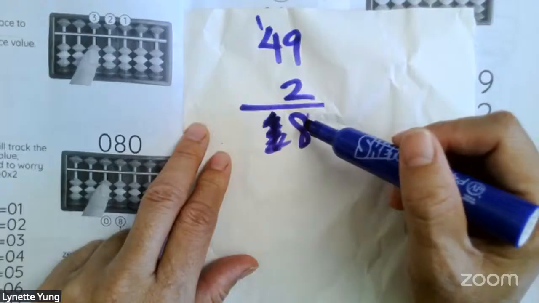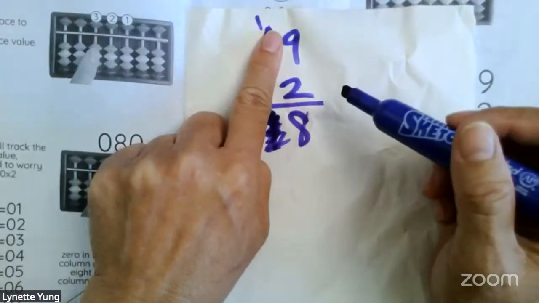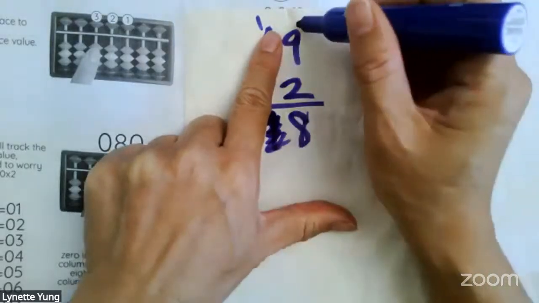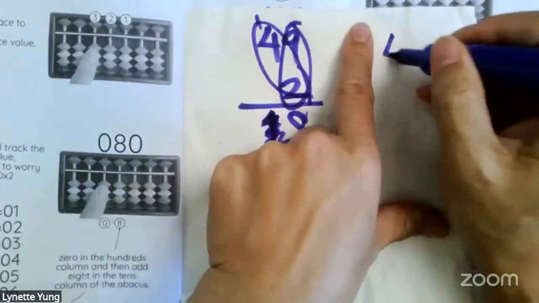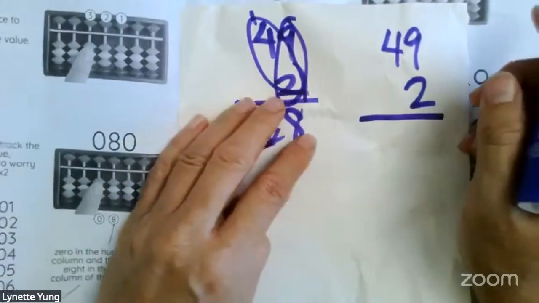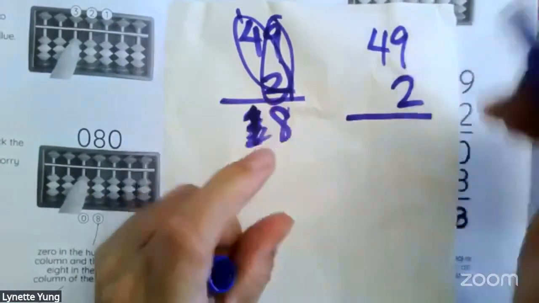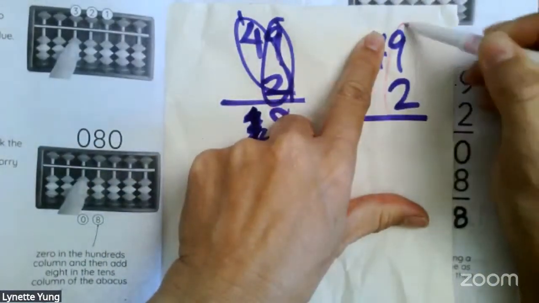They don't do 2 times 4. They do 9 times 2. Oh. Right? Because we do this one first and then we do this one. That's the old way. The old way is they do this first.